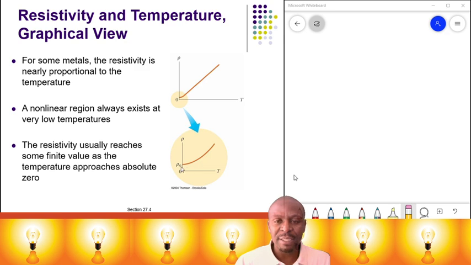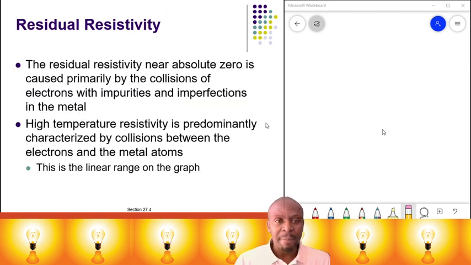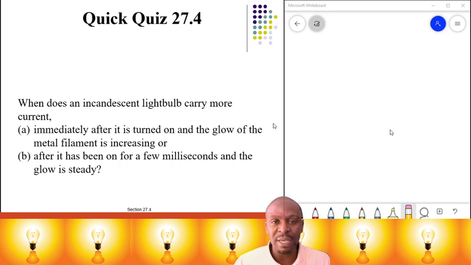As a result, that is your rho naught in the equation that I've just discussed with you. Now, the residual resistivity near absolute zero is caused primarily by the collision of electrons with impurities and imperfections in the metal. High temperature resistivity is predominantly characterized by the collision between the electrons and the metal atoms. This is the linear range on the graph.